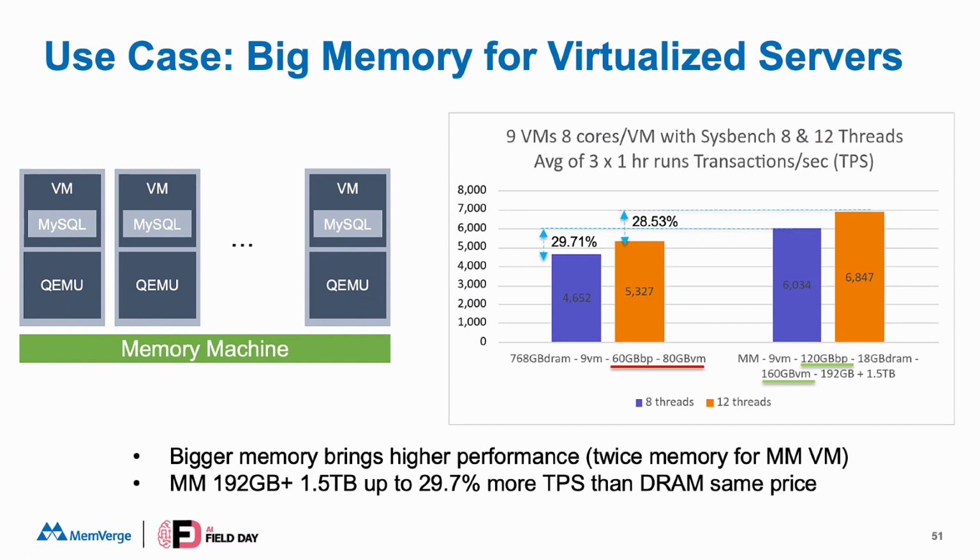As a result, because MySQL on the memory machine has more memory to use, for both testing cases we can achieve up to 29% improvement in transactions per second. This is just because bigger memory brings more performance to the MySQL databases.